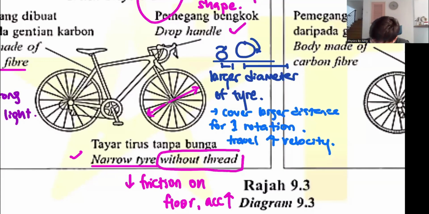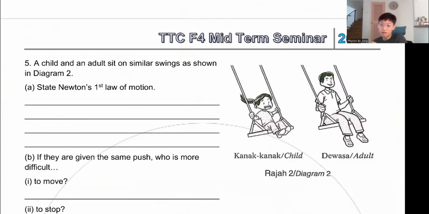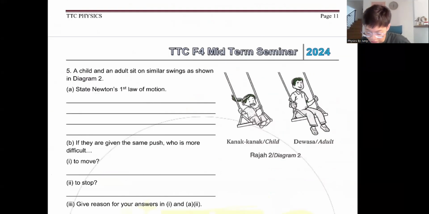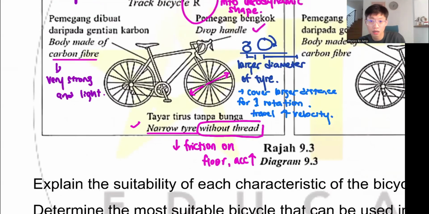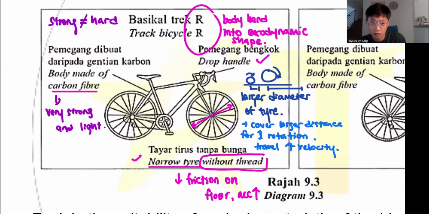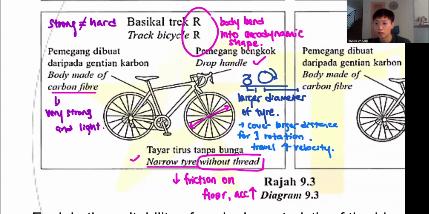Okay, I'm going to do something that most of the people don't like. Okay, can we look at page 12? Page 12. Boleh. Ya, kira boleh.